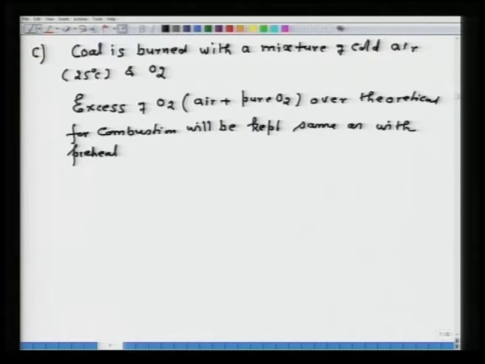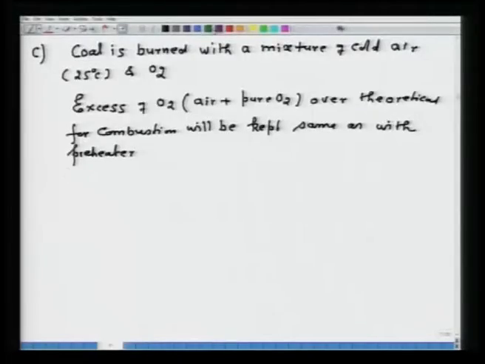That means, whatever amount of heat that you added through the preheater, that will not be added now, but then you have to compensate it some way by adding oxygen. Now, what you have to calculate?